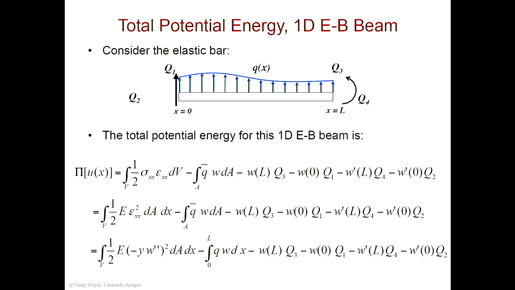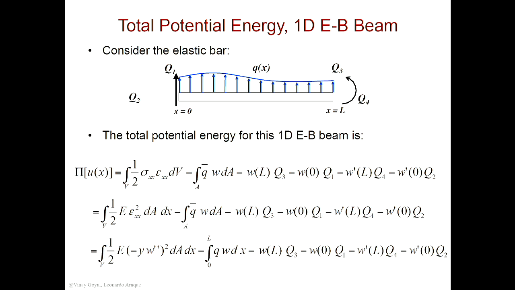Then I have point loads acting on the ends of this beam. Okay, there is a sign, a moment missing here, but there was a moment that should have shown up there. And so the work done, say for this load here, the one at the end, is Q3 times w(L). The work done due to this load Q1 is Q1 times w(0). Okay, that's that one.